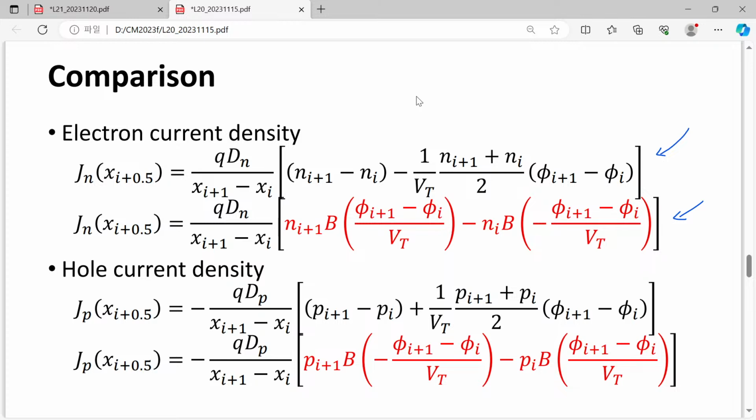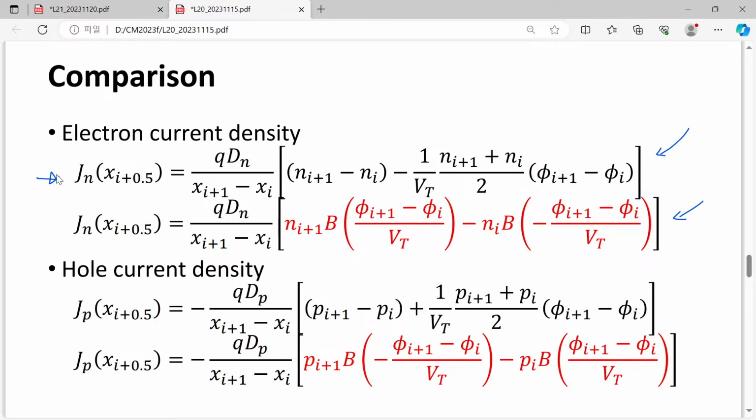My answer is when you examine this naive discretization, you will find that when you have strong enough potential difference, then your discretization does not support such a sign relation. It means that your discretization fails to describe the correct physical behavior.